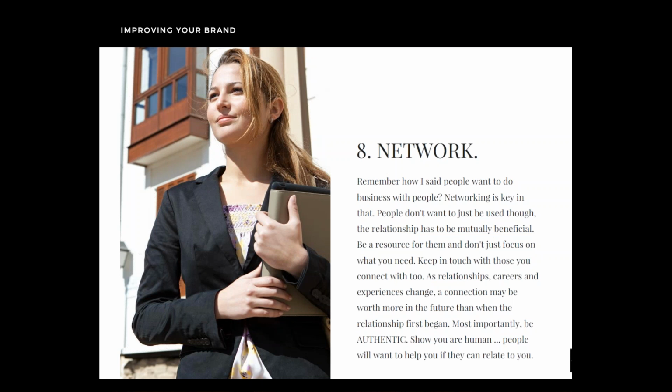So if you have a relationship with somebody and a connection in a field, talk to them about what you're doing in your job, and they'll share what they're doing in their job. And as relationships and careers and experiences change, a connection that you may have felt was not that great in the beginning could really develop into something wonderful down the road.